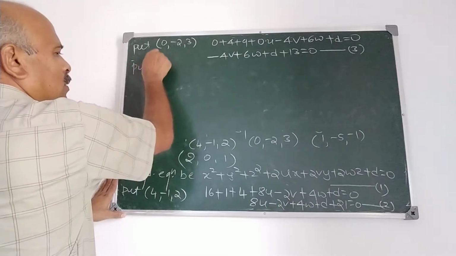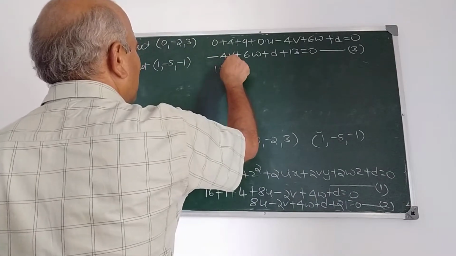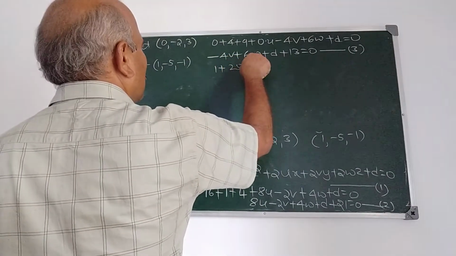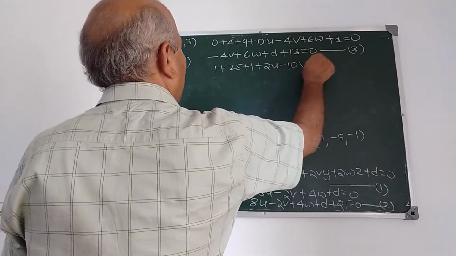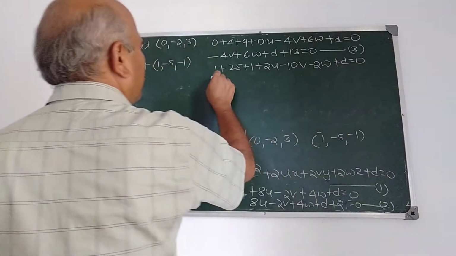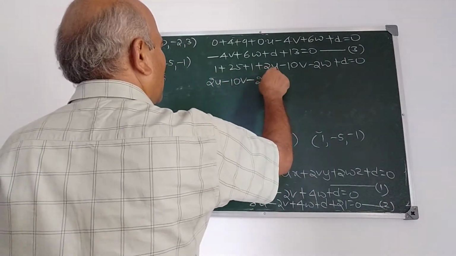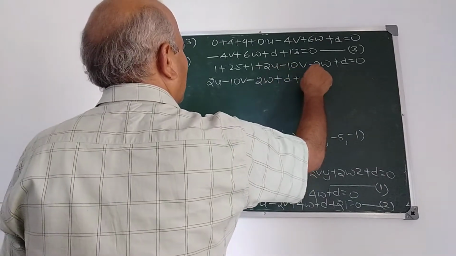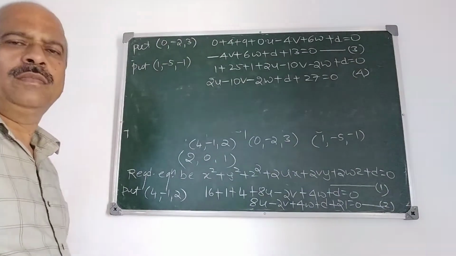Similarly, substitute (1, -5, -1), you will get 1 plus 25 plus 1 plus 2u minus 10v minus 2w plus d is equal to 0, or 2u minus 10v minus 2w plus d plus 27 is equal to 0. This is 4.